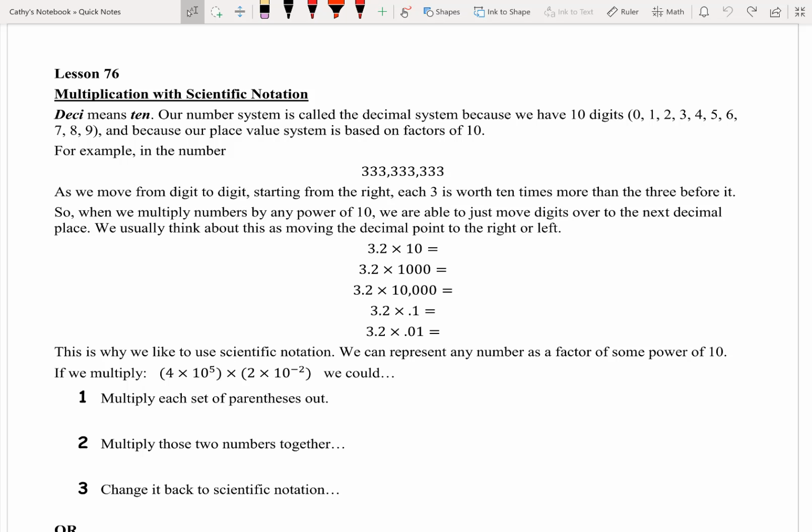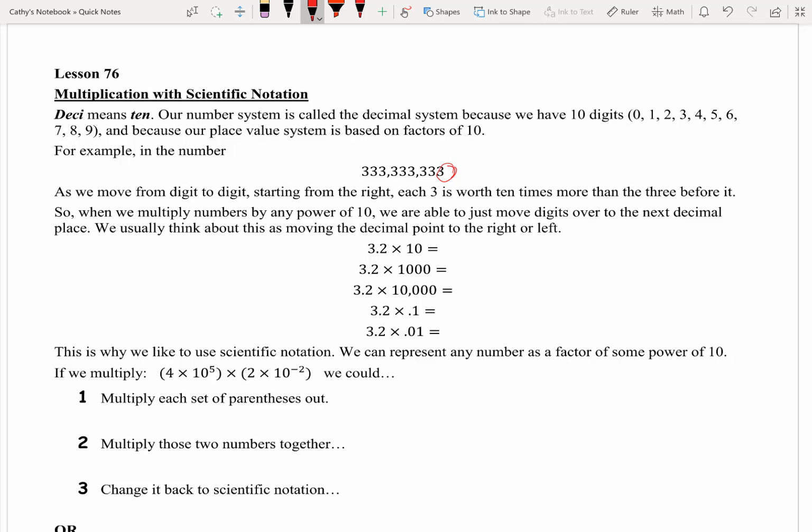For example, when you have 333,333,333, as we move from digit to digit, starting from the right, each 3 is worth 10 times more than the 3 before it. So if you look on the far right, you've got 3.